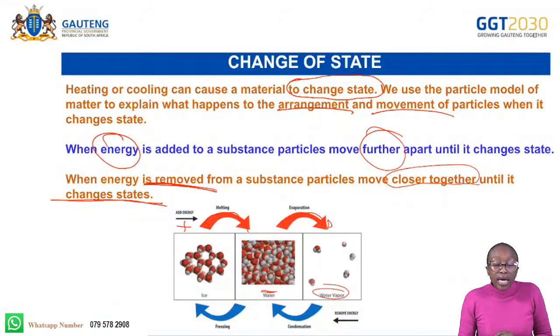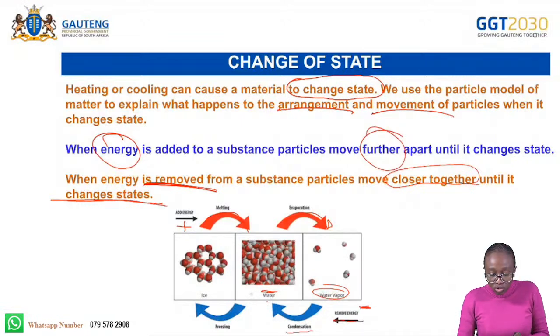If the opposite happens, let's say we remove energy from water vapor, the forces of attraction between the particles within the water vapor are going to become stronger, bringing the particles closer together. The water vapor then condenses to liquid water.